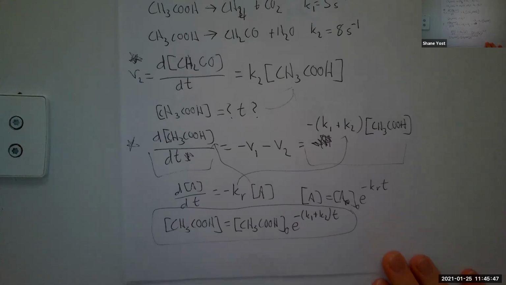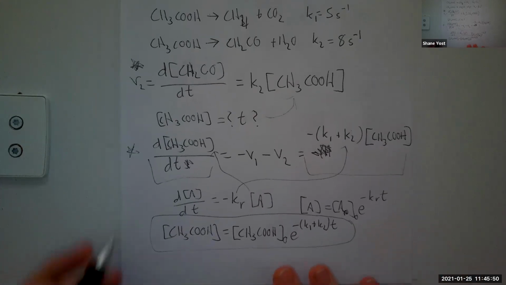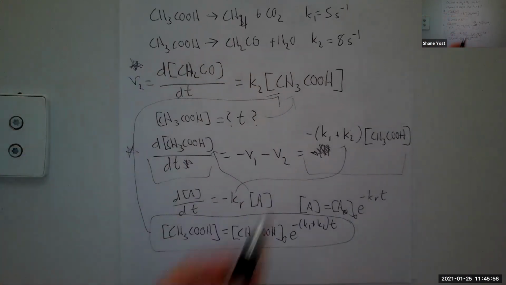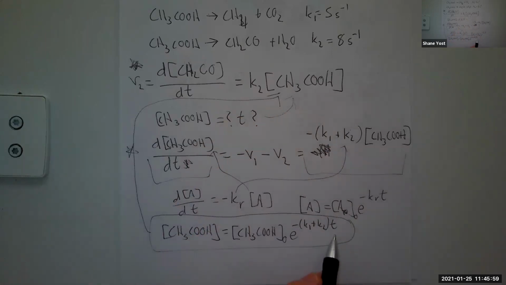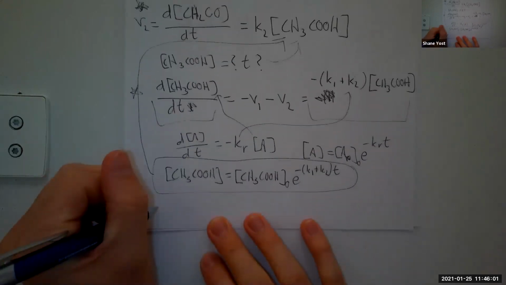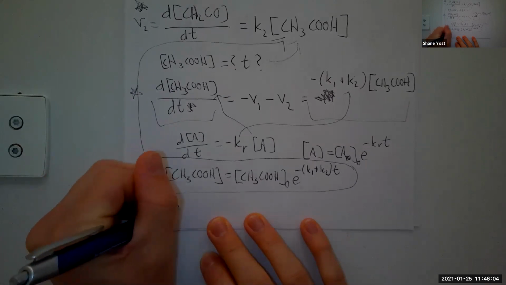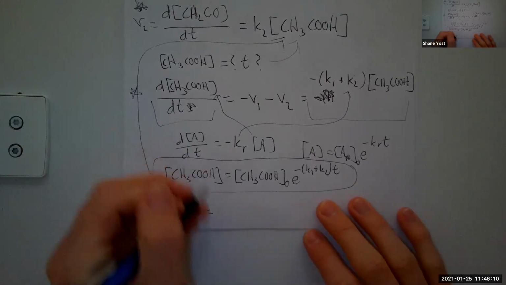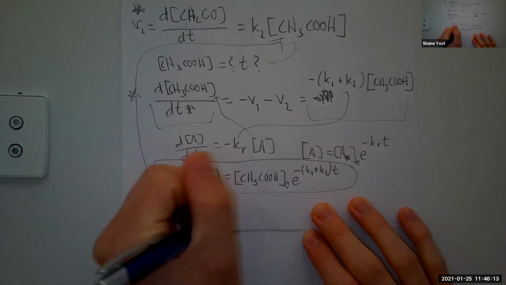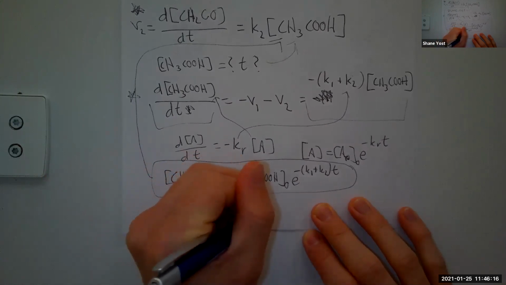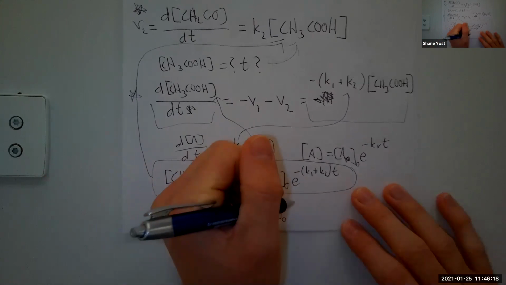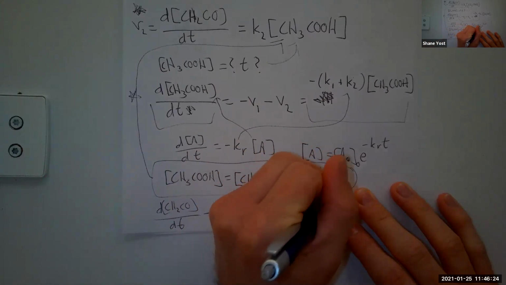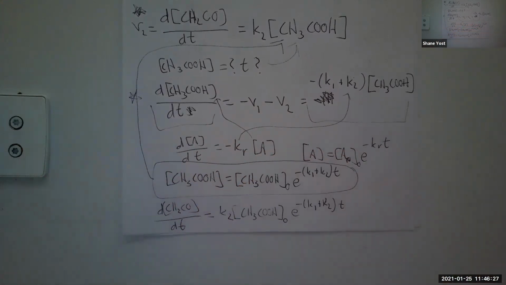So now that I have that, I can finally solve this equation up here, by plugging in for what CH3COOH is in terms of time. So I get d[CH2CO]/dt equals K2 times the concentration of CH3COOH, not the initial concentration, e to the minus (K1 plus K2) times time.